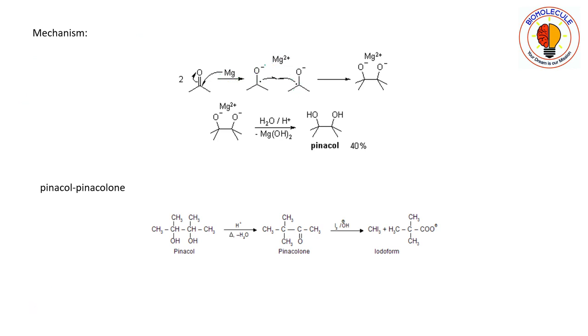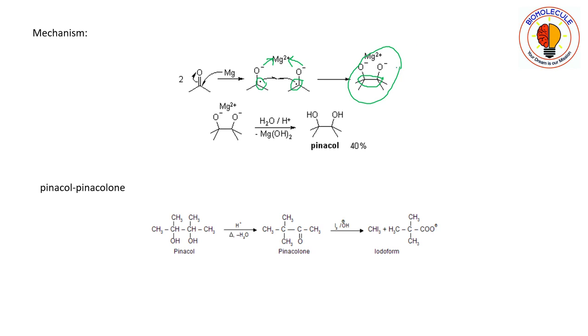Now this magnesium is coordinated with these two oxygen atoms. You see here that this carbon contains one electron and this carbon contains one electron. So these two carbons can combine with each other to form a carbon-carbon single bond. Now you are getting this.